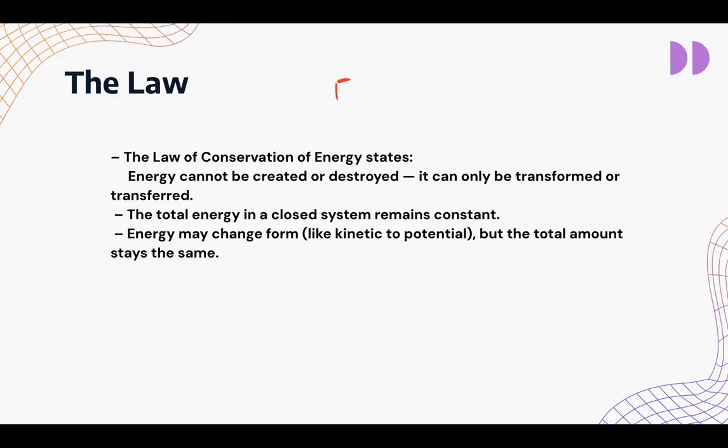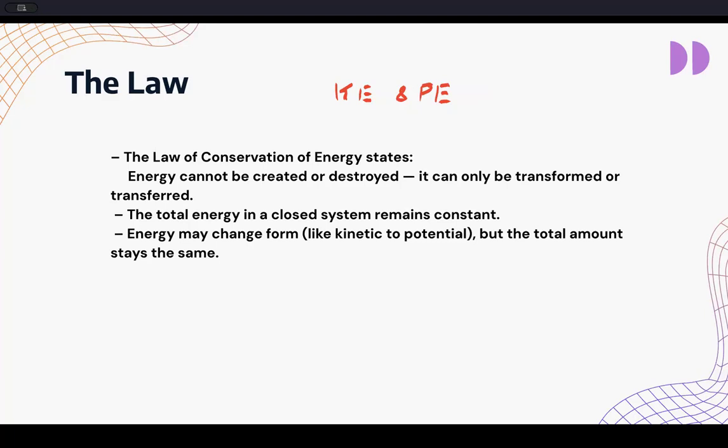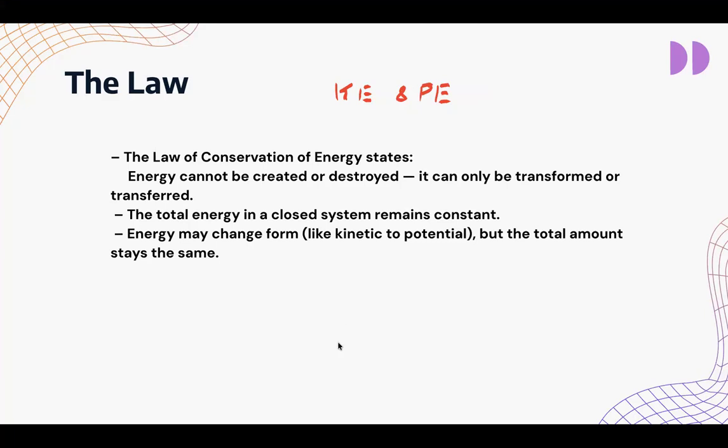This is a segue into this, right? So we know that energy can be KE plus PE. Systems can have both KE and PE, or kinetic energy and potential energy.